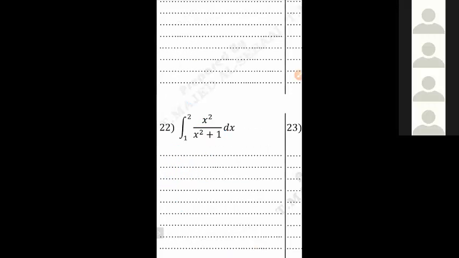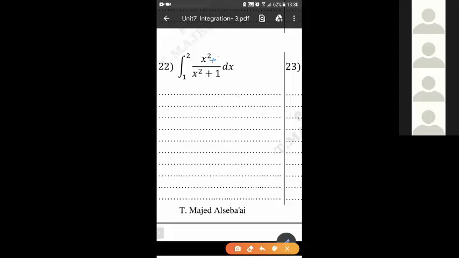You can complete it. I have x squared and x squared. X squared up and x squared down. What should I do? I will do the following. If I add 1 here and subtract 1 in the numerator, what will happen? I will separate.